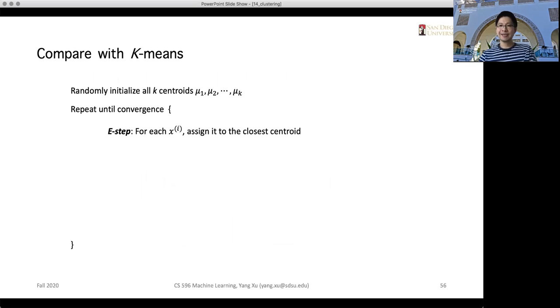It doesn't hurt to also call the first step in k-means the expectation step, which is that for each data point, we will assign it to the closest centroid. We need to find the closest centroid for each data point by finding the j that has the closest distance from the data point.